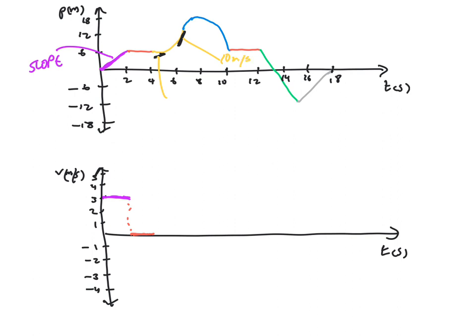Actually, no, let's say it was 5, so I can fit it into the graph. That would show itself as from 0 to 5. Okay, so this is an increasing velocity. It's an acceleration pattern.